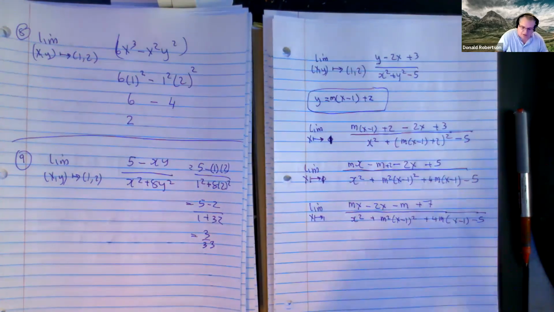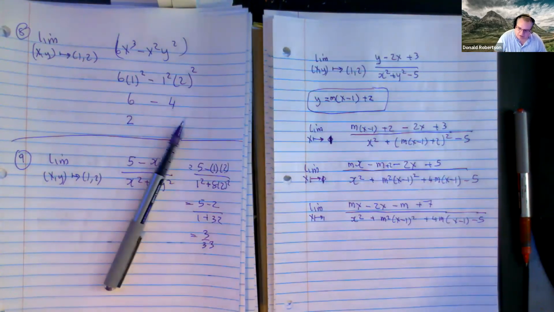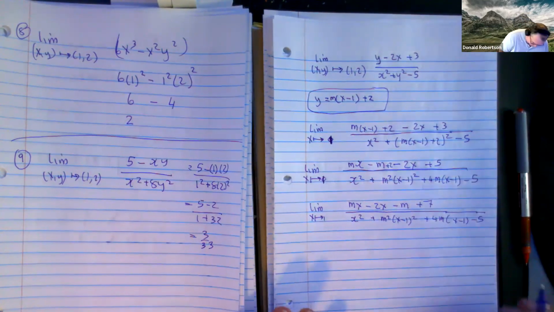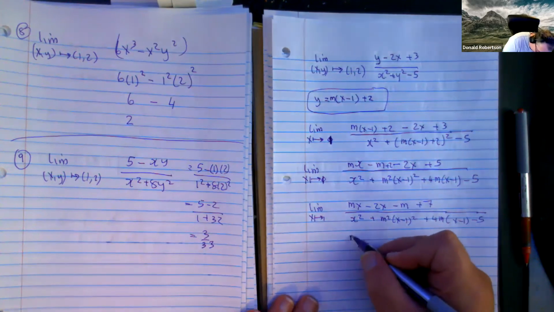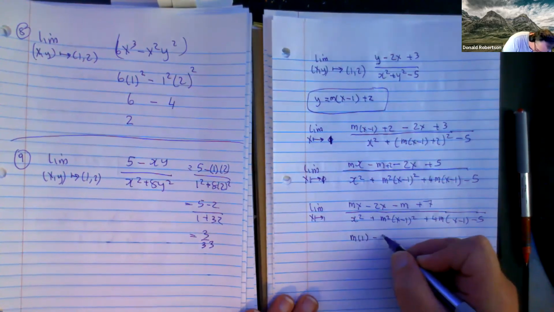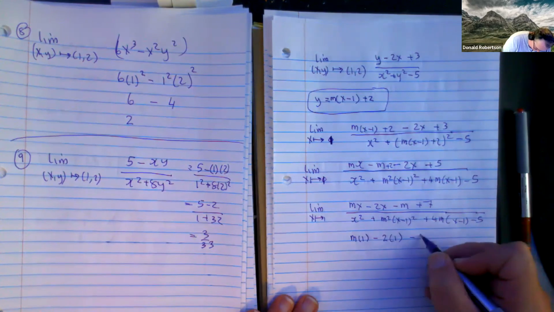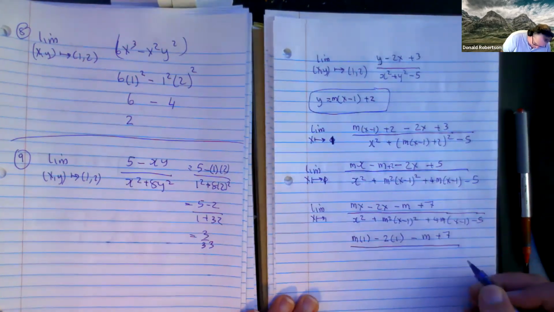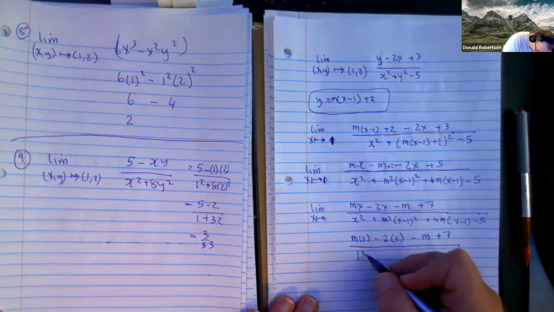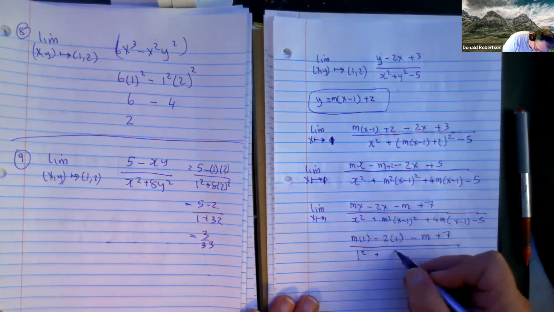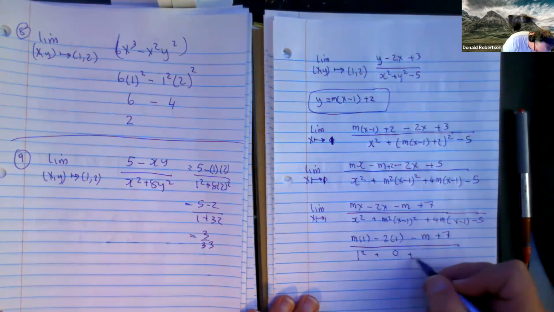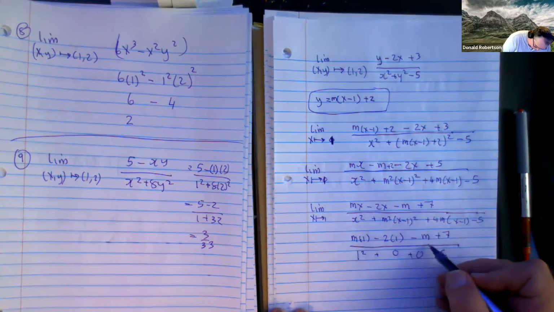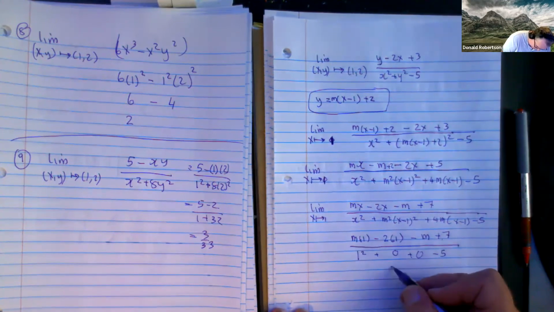Okay, here it goes. I'm now going to make x equals 1. Let's see what we get. I get m times 1, take away 2 times 1, take away an m, add 7. And on the bottom, I get 1 squared plus nothing, plus some more nothings, take away 5. That kills off that. That gets you 5.